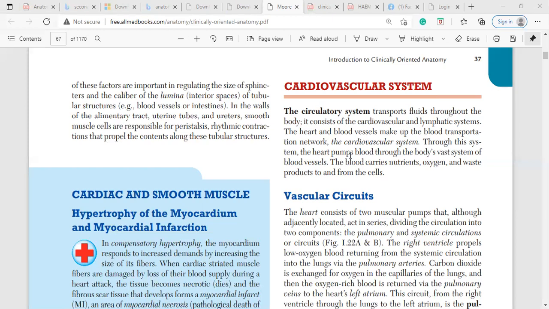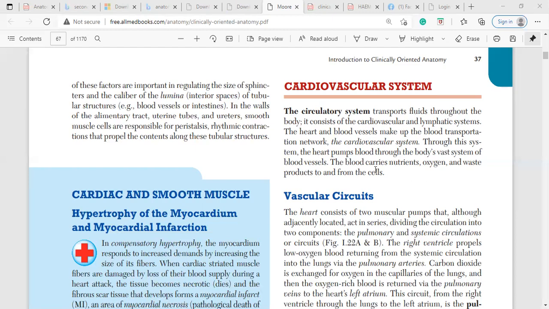The blood vessels carry two types of blood: the oxygenated blood and the deoxygenated blood. The oxygenated blood contains oxygen and nutrients, and the deoxygenated blood is used blood, which lacks oxygen.